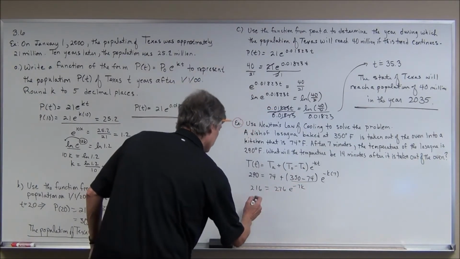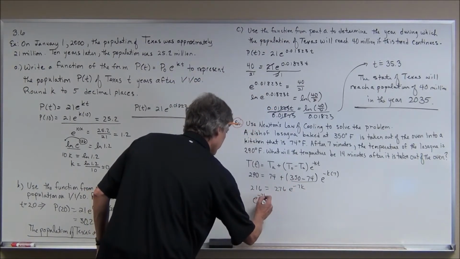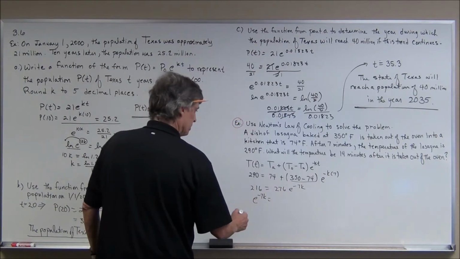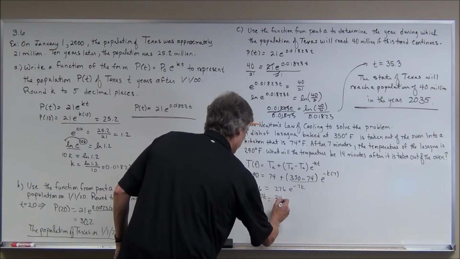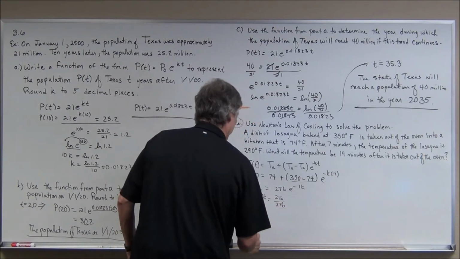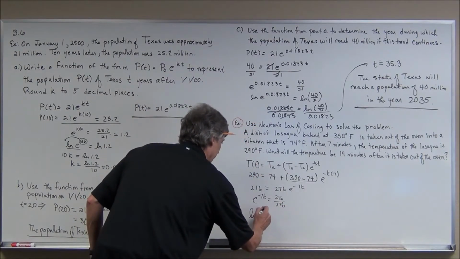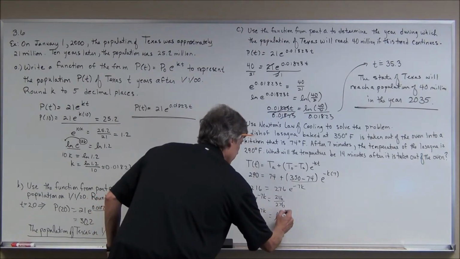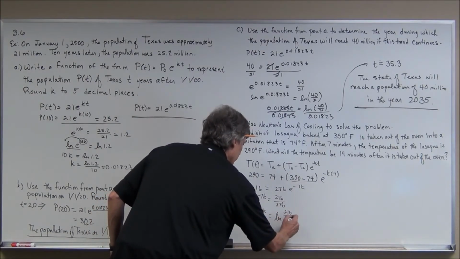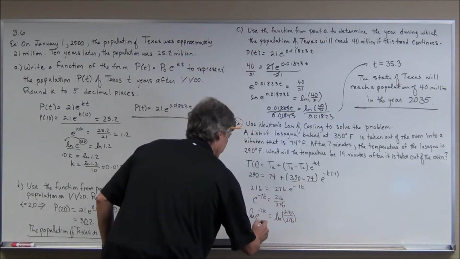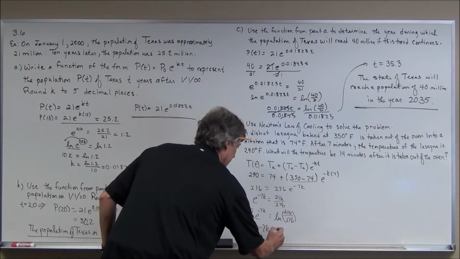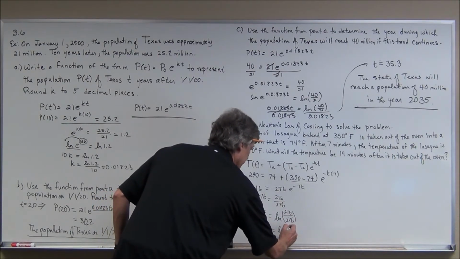I'm going to divide both sides by 276. I don't know what that's going to be right off the top of my head. I'm going to have to grab a calculator. I'm going to take the natural log of both sides. I've been doing that a lot on these problems. And then that's going to give me negative 7k is equal to the natural log of this fraction.